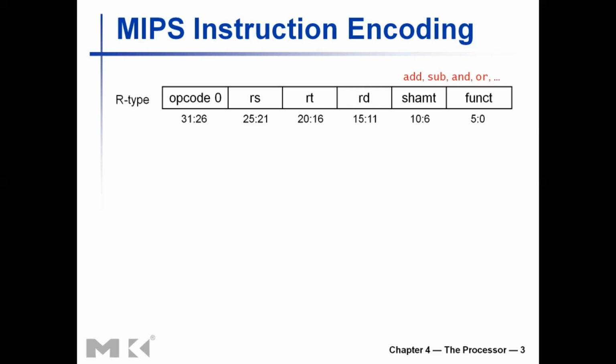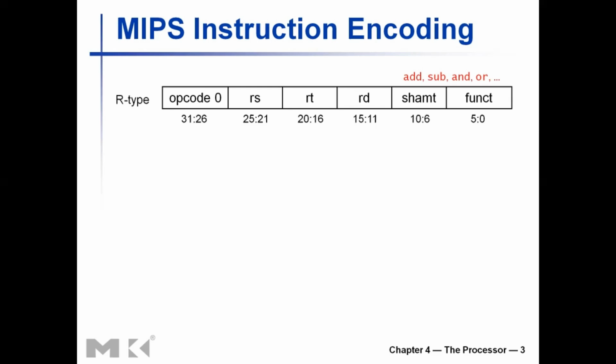So the first 6 bits are the opcode, and one unique thing here is that for all R-type instructions, the opcode is 0. For every R-type instruction, the opcode is 0. So how do you know what operation to perform for, say, the add instruction, sub instruction, XOR instruction? How do you know what operation to perform?